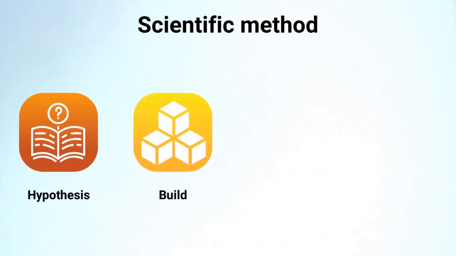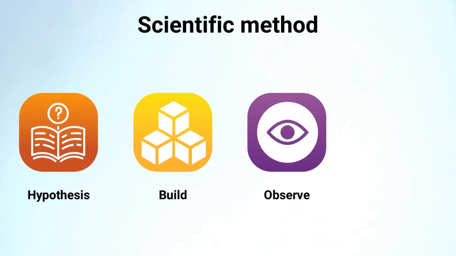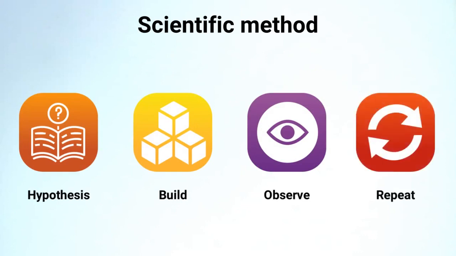The basic idea of the scientific method is to start with an idea or hypothesis, then build an experiment to test the idea, then observe the results of the experiment and learn from it. We can then repeat the process using what we have learned to improve in the next iteration. It is a series of continuously learning and improving iterations, which also could be called loops or cycles.